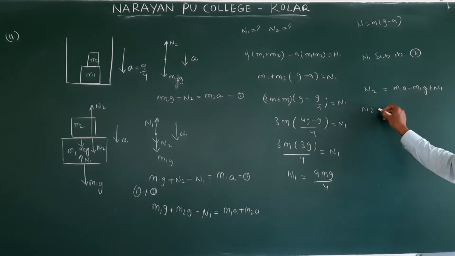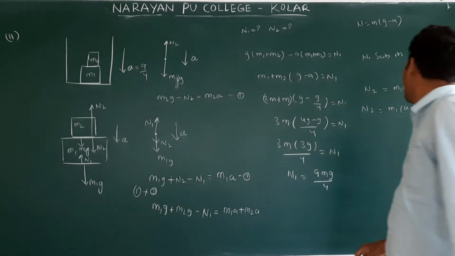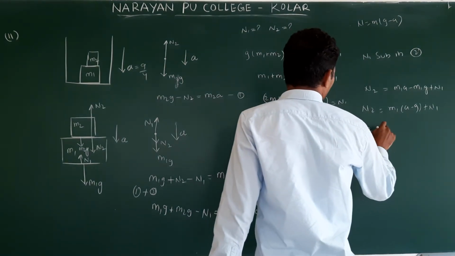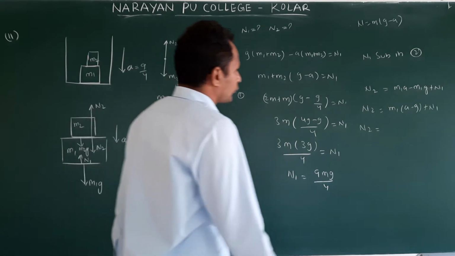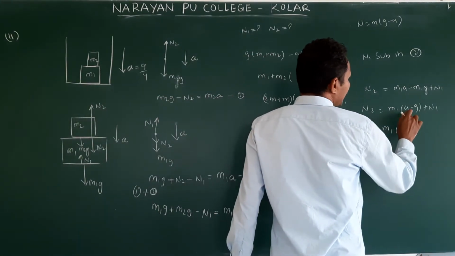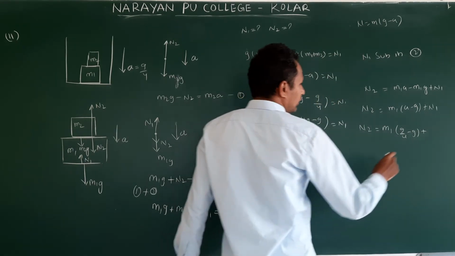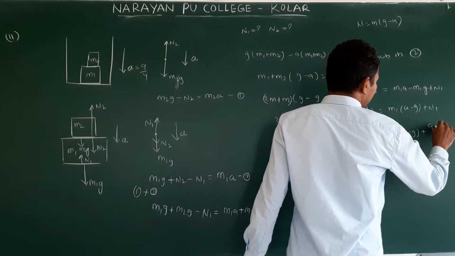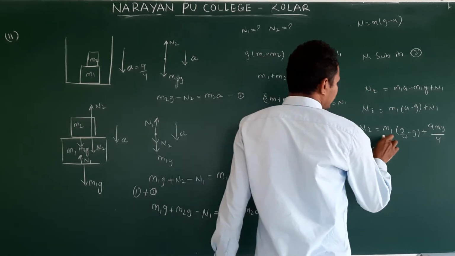So what is common? M1 common, a minus g, plus N1. Clear? So N2 is equal to M1. What is the a value? g by 4 minus g plus N1, 9mg by 4. What is the M1 value?